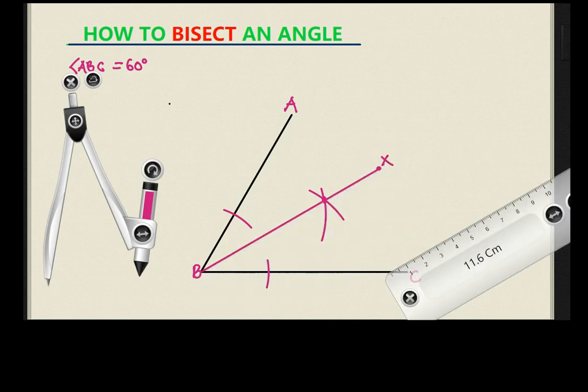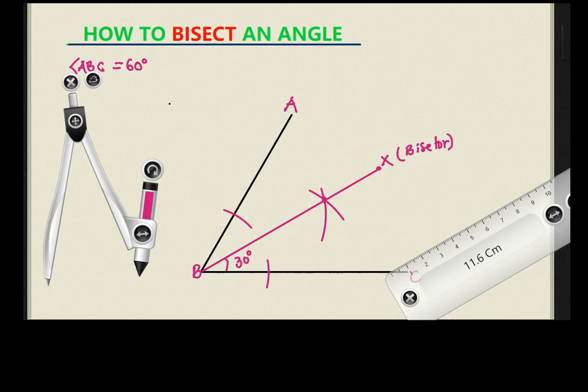Call it X. So line BX is called a bisector. This is the line bisector, and that angle will be 30 degrees.